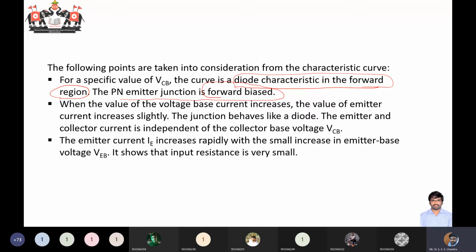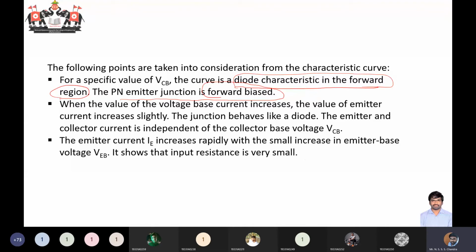When the voltage increases, the current increases. Emitter current is slightly independent of your VCB, not exactly independent, it is dependent.